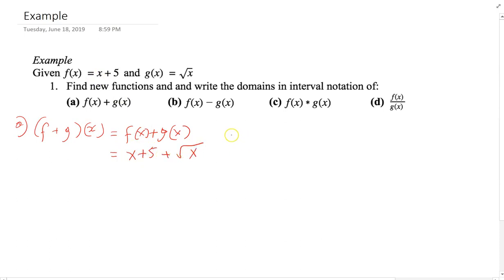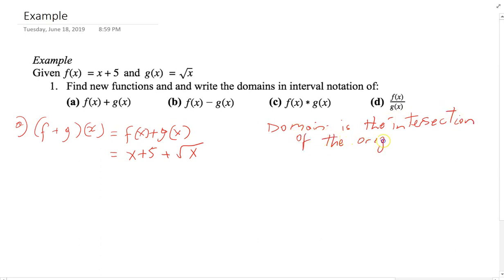root x. Now, the domains in interval notation: the domain is the intersection of the domains of the original functions.